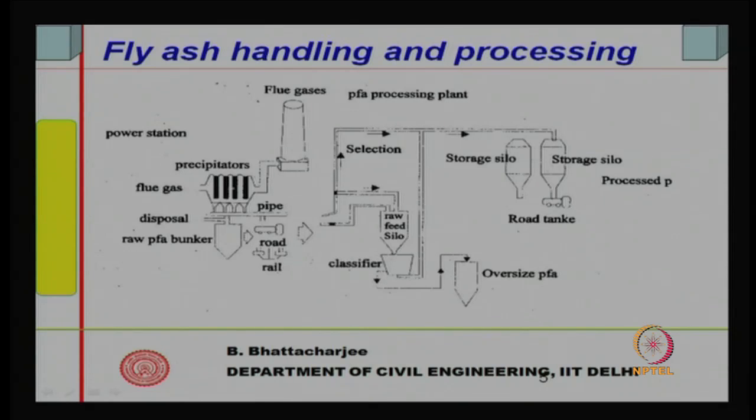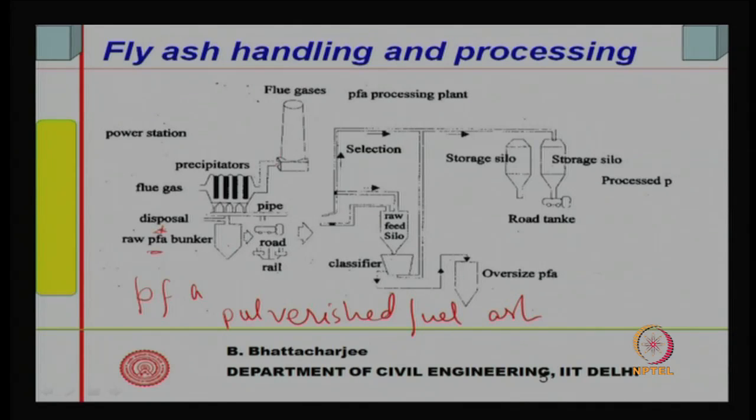This is the precipitators, and from the precipitators some of them might go to disposal, some might be stored in a raw pulverized fuel ash bunker. PFA stands for pulverized fuel ash bunker, and then they can be transported somewhere, right.